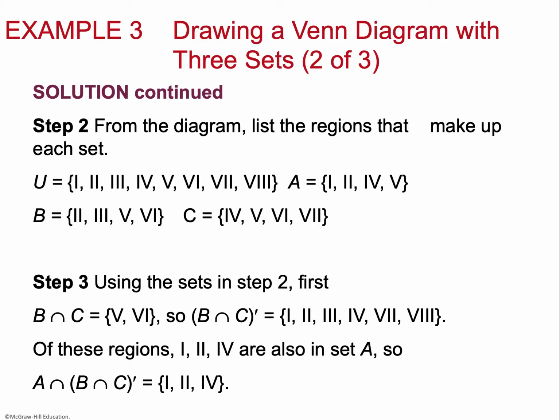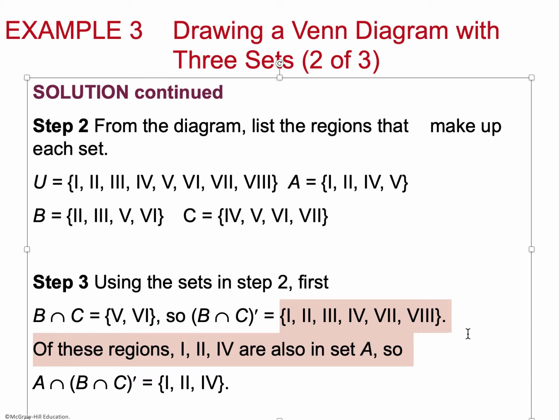Then if I wanted to find A and say, what does A have in common with that set? I'm going to go back up to A and say, okay, what does A have in common with this list that I just made right here? Well, the only thing A has in common is going to be 1, 2, and 4.